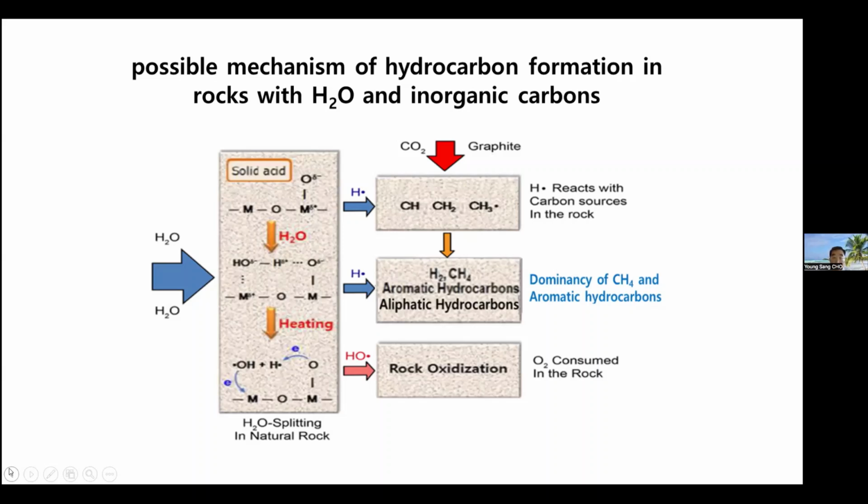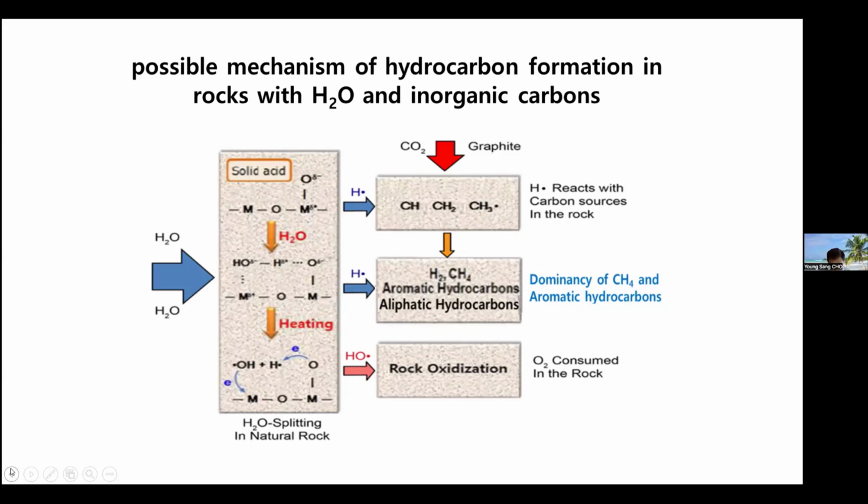And this hydrogen radical then reacts with carbon dioxide or graphite to produce, as seen in the previous slide, CH2, CH3 radical.